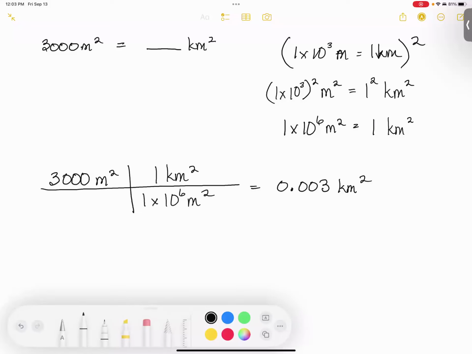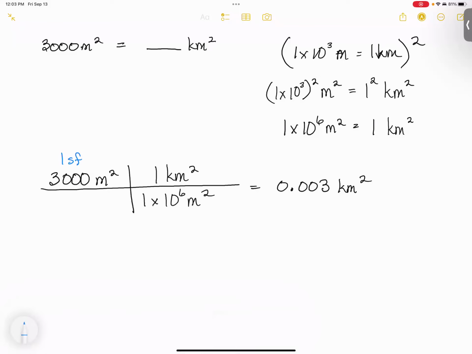Now, just like before, we do have to pay attention to significant digits. In this first number, there is only one significant figure. When you're talking about anything to do with a metric prefix, even though we squared it, it's still an unlimited number of significant digits.